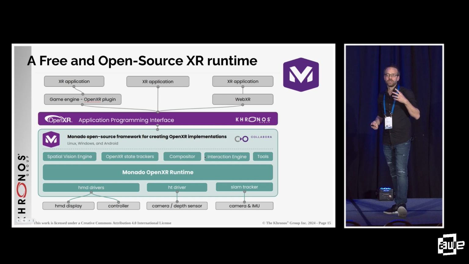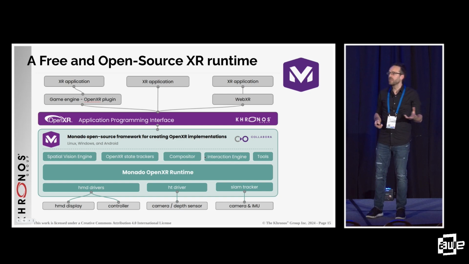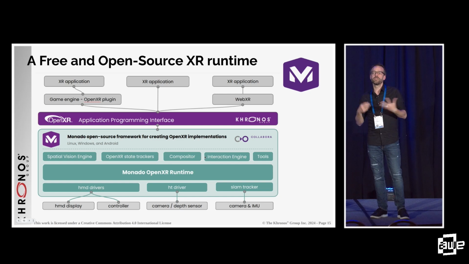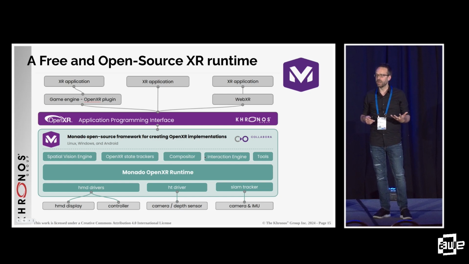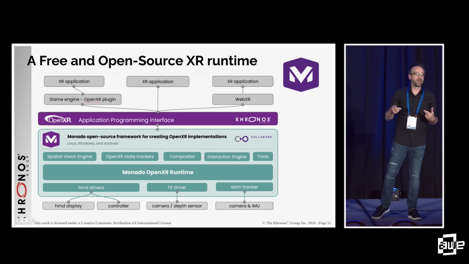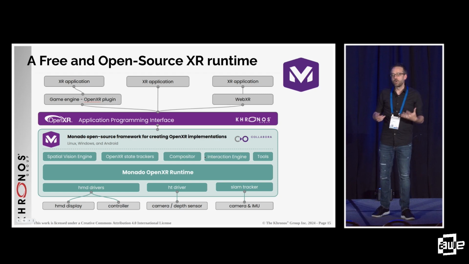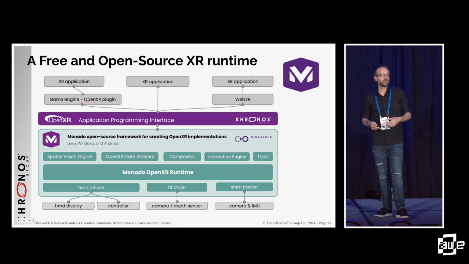Maybe you're an Android based platform, already OpenXR, and you want to free yourself from the vendor lock-in, right? Or you want to overcome limitations that you're having right now in the underlying platform. Well, with Monado, those are the things that we do.